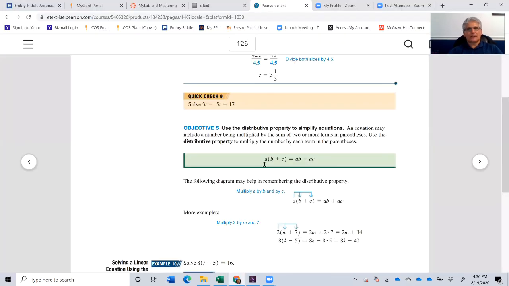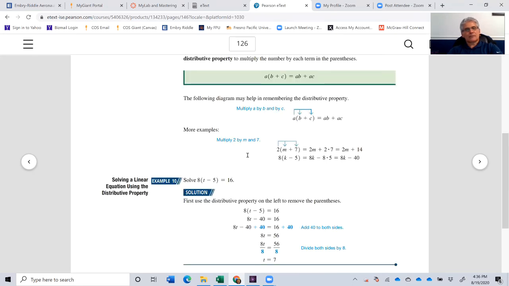That's how it's listed here: a open parentheses b plus c equals ab plus ac. When we do this, we're referring to the use of the distributive property to simplify equations. So let's put it to the test. We need to solve an equation that says 8, open parentheses, t minus 5, close the parentheses, equals 16.